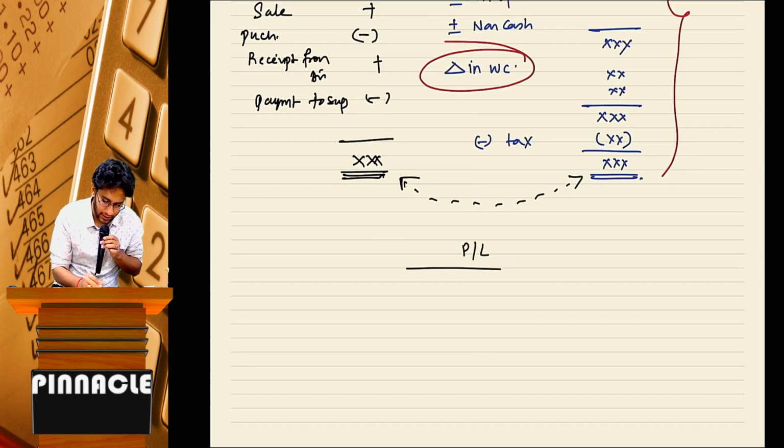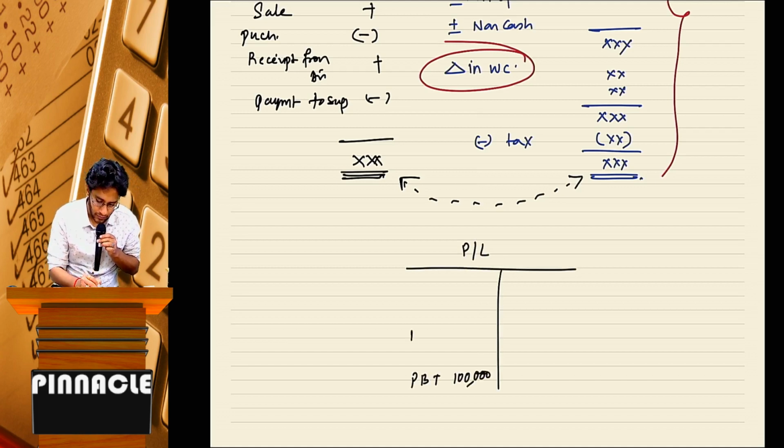Sir, in your P&L account, PBT is there. Suppose 1 lakh PBT is there. Here depreciation is there, interest expense is there, dividend income is there: 20,000, 5,000, 3,000.